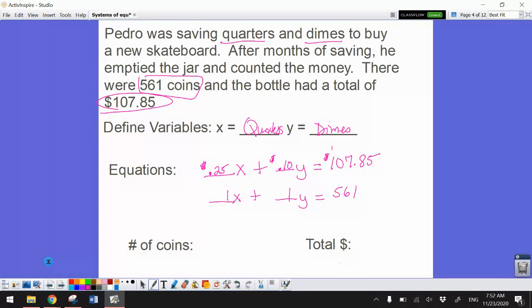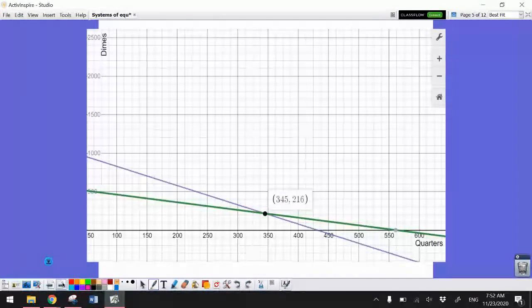Okay, so we're going to solve this graphically, and I went ahead and did that for us. And we need to figure out the number of coins, and we already know our total money. The total money is 107.85. Okay, so we've got our total coins and we've got our money. So let's take a look at our graph here and try to figure out what's going on.